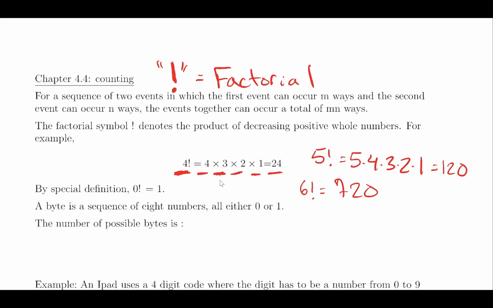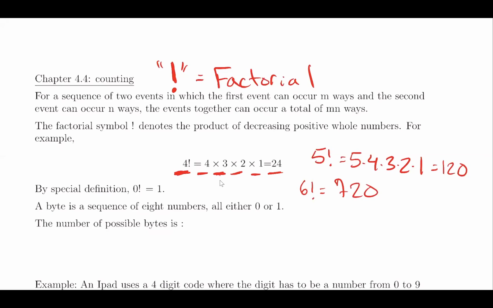Okay, sweet. So let's do this first problem. It says a byte is a sequence of 8 numbers, all either 0 or 1. The number of possible bytes is how much? So for this one, how many numbers do we have? We have one number.